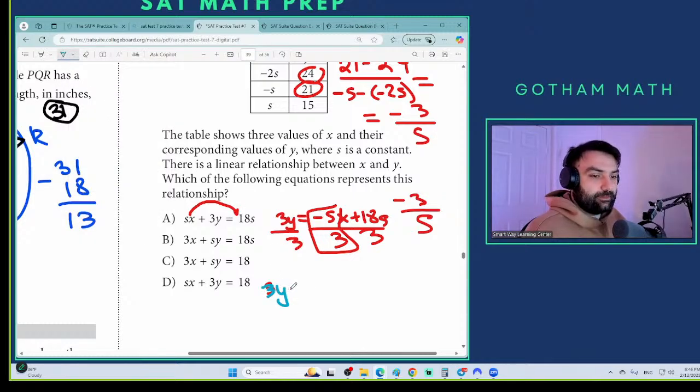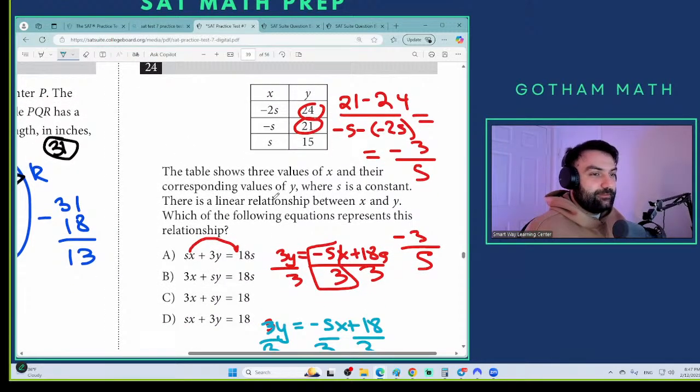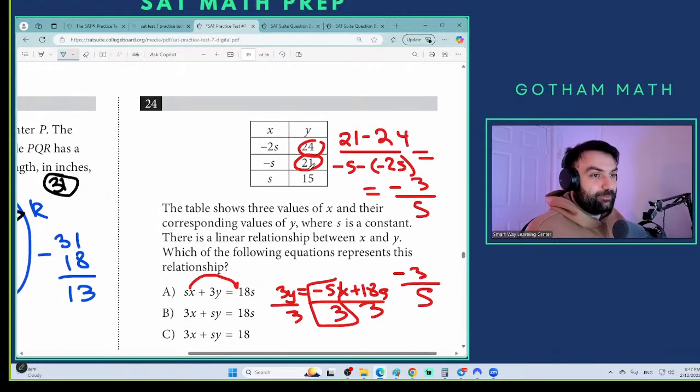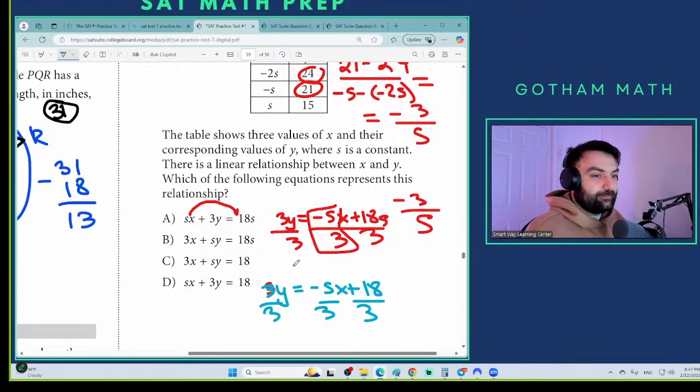Okay, so 3y equals -sx plus 18s, and now I divide everything by 3, and I get -s over 3. The only thing, which one will be the answer? The one that has s over here, or the one that won't? It's a good question. I guess after that I would probably put the values to plug in and see.